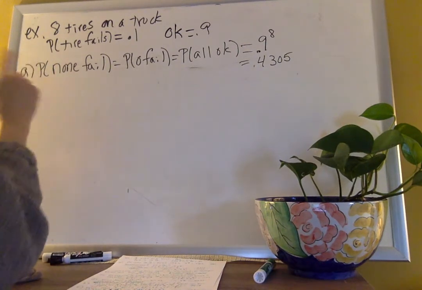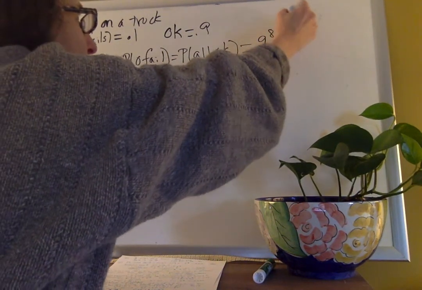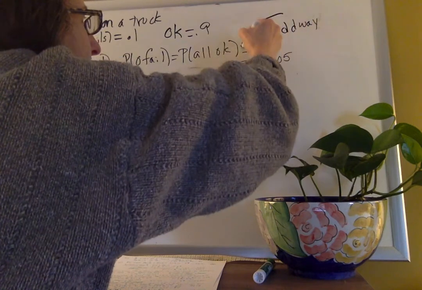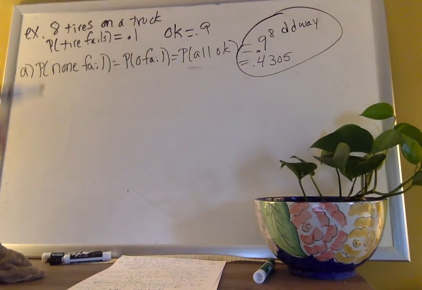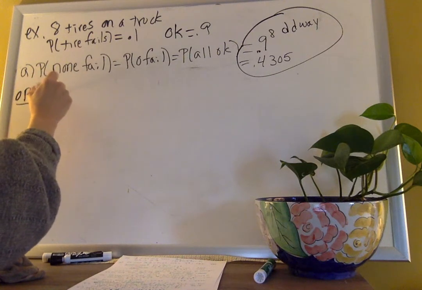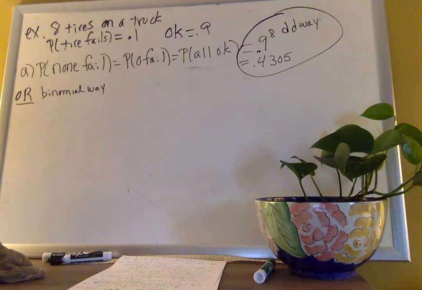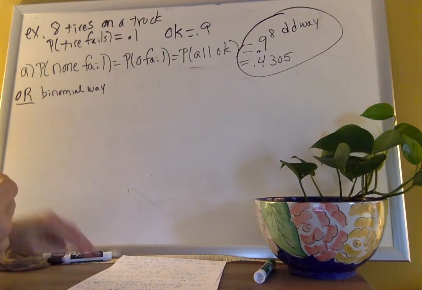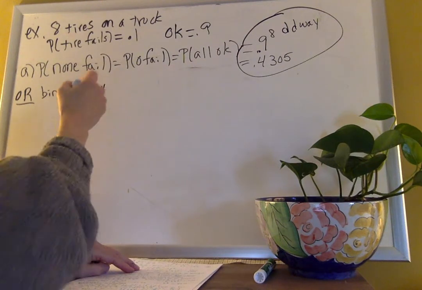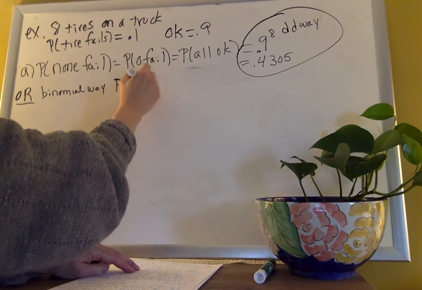Well, on this one, you have a choice. So hold on, we're going to call this the old way. So you could have done it that way, or you could do it the binomial way. Out of the 8 tires, well, let's make sure you know what I'm about to do. I'm going to do 0 fail.